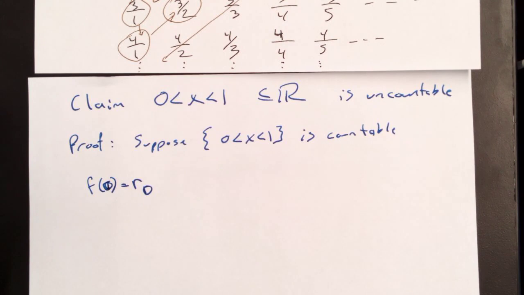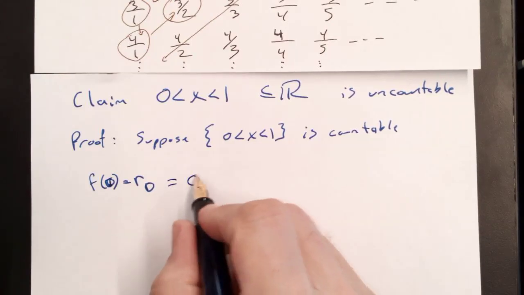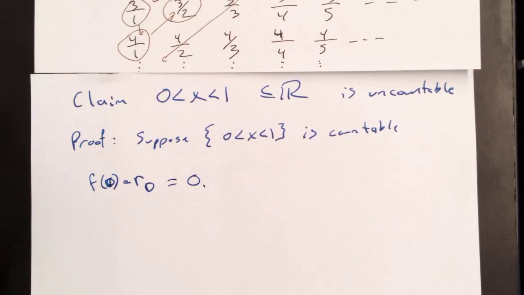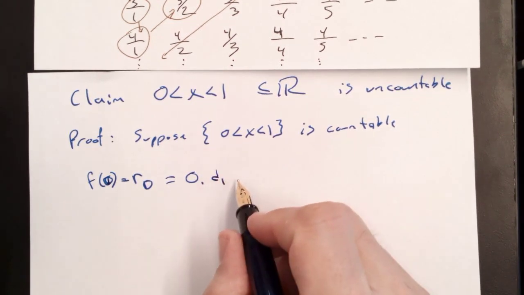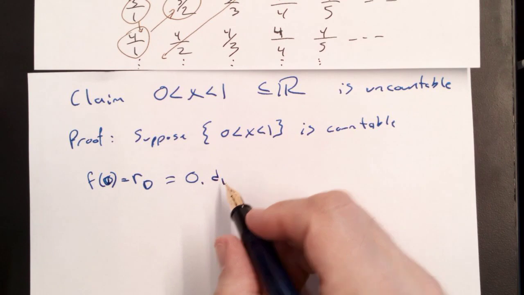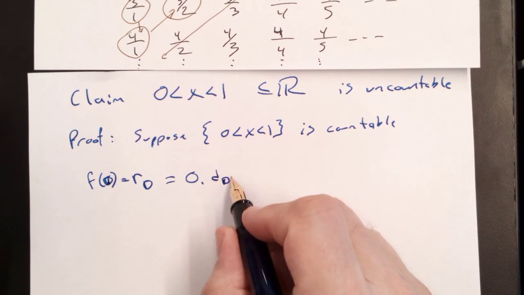What do I know about this number? It's between 0 and 1, so its decimal starts 0 point something. Every number in the decimal expansion is a digit between 0 and 9. So I will have the first digit. Oh, wait a minute, this is the first digit of the 0th number.